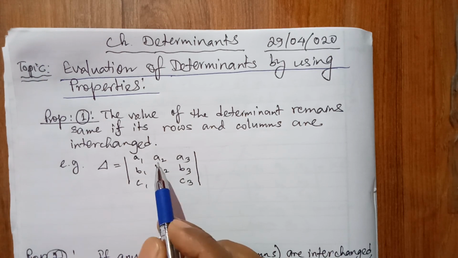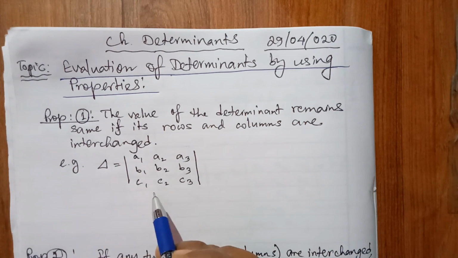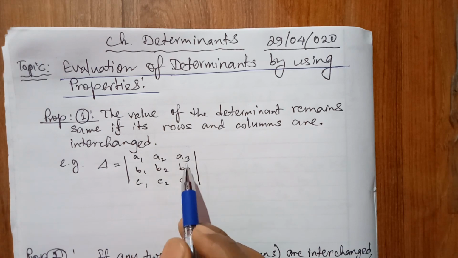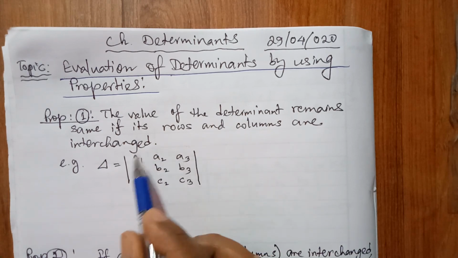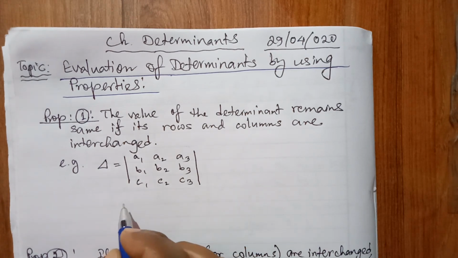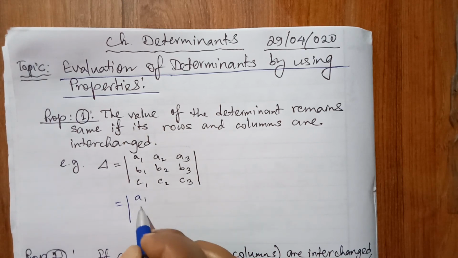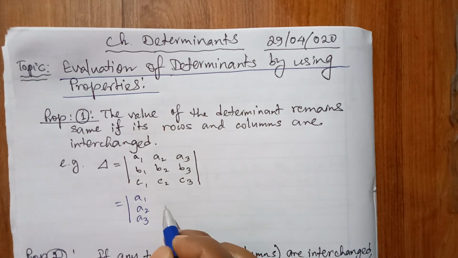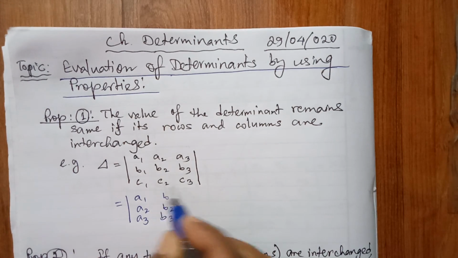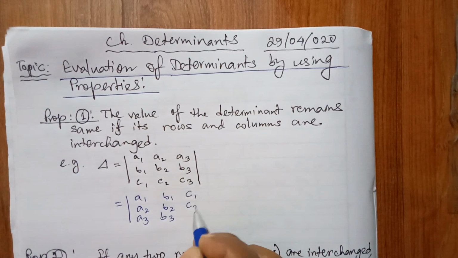Now if you interchange the rows into columns and columns into rows, then the value of this determinant will remain the same. Suppose rows and columns are interchanged, then the first row will become your first column, the second row will become your second column, and the third will become your third column.